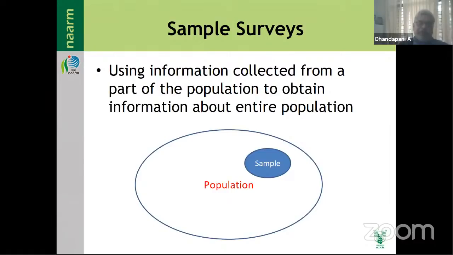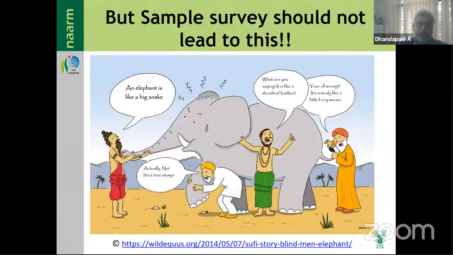So this is what we try to do. But when you are looking at a sample and inferring about the population, one has to be very, very careful. The reason is, I think you might have heard the story of 4 blind men trying to understand an elephant by picking up an individual part.